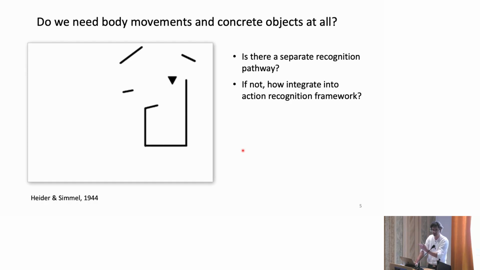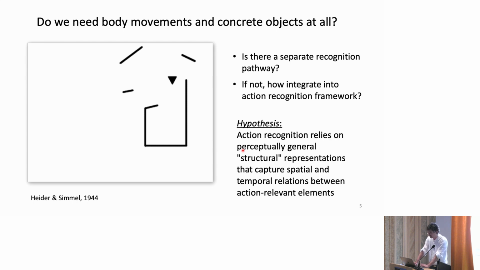So I will develop this idea further later. What I propose is that action recognition relies on perceptually general, what I call structural representations that capture the spatial and temporal relations between action-relevant elements. And that's what I will address in the last part of my talk.